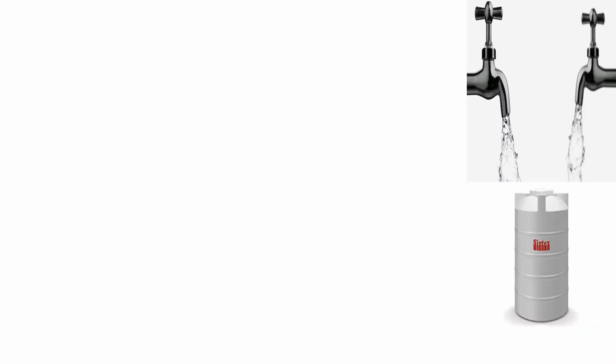Now for this, first let us assume the time taken by the smaller tap is x hours and the time taken by the larger tap is x minus 10 hours. Why? Because it is given in the question that the larger tap takes 10 hours less than the smaller tap.